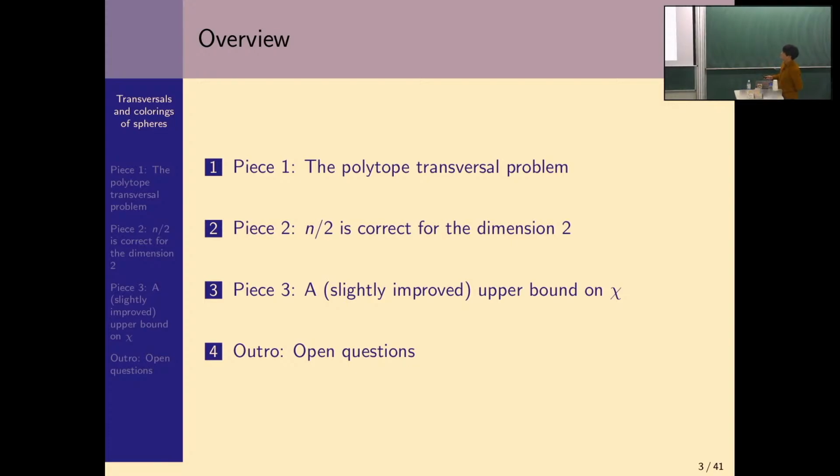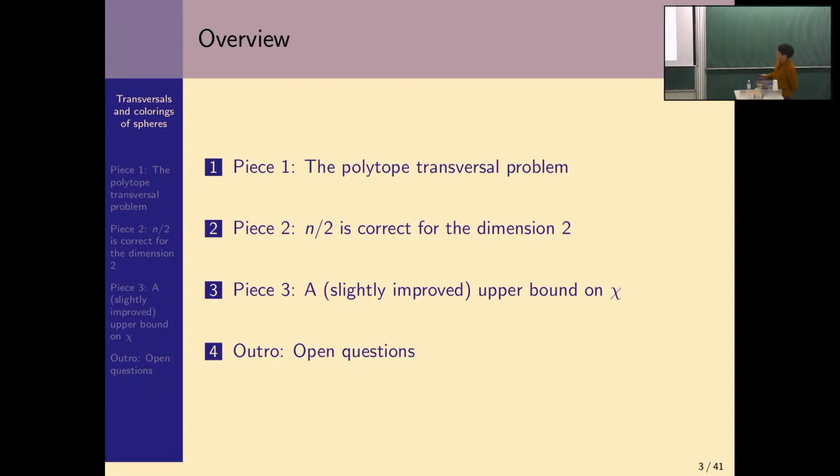This presentation has three pieces of my personal recollections. In the first piece, I'd like to introduce the polytope transversal problem first, and that introduction will also be relevant to the second and third pieces.